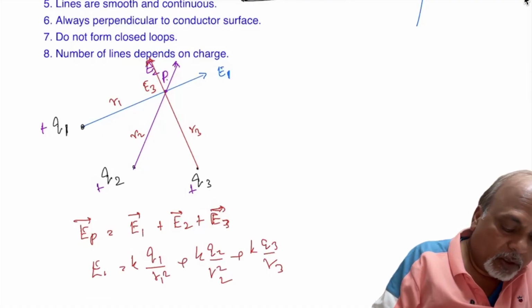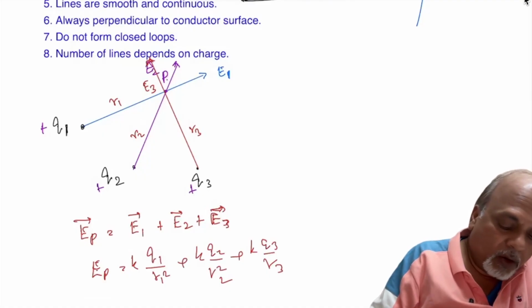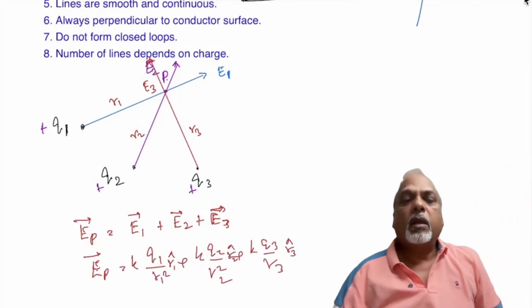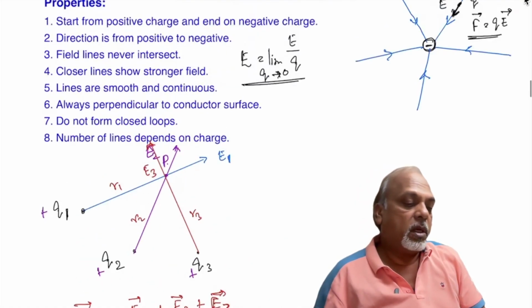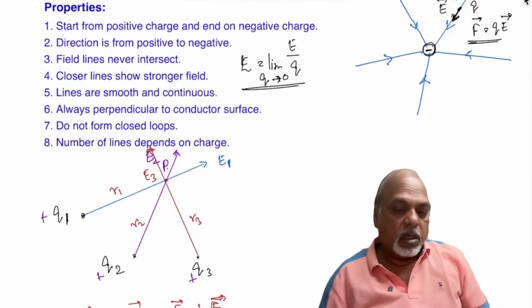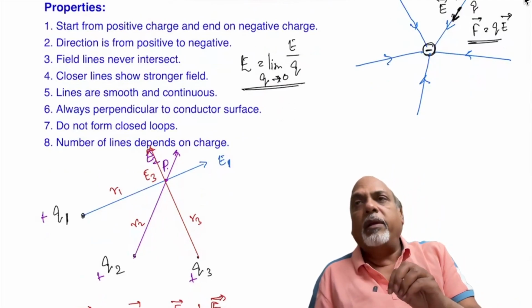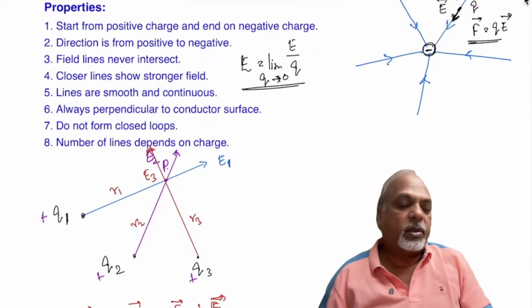And this is EP. Of course, vectorially, you have to take the R1 unit vector, R2 unit vector, and R3 unit vector. Unit vector also you have to see. So, this is how you can find out the electric field at any point due to multiple charges. Correct.